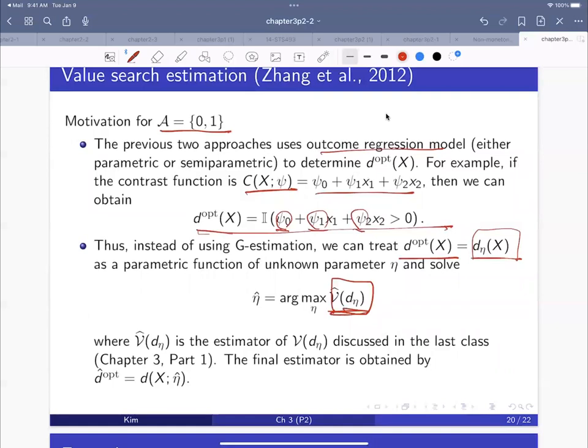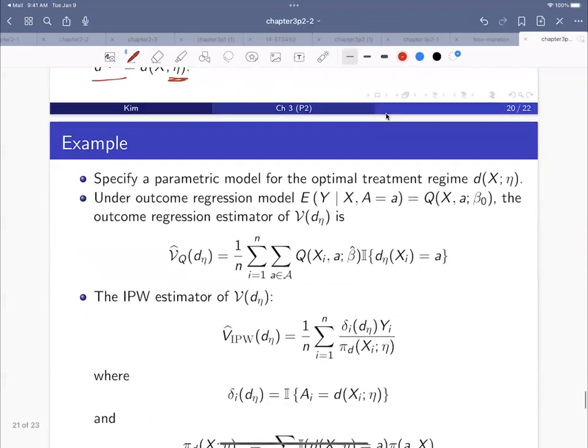That kind of intuitively makes sense. We already studied how to estimate this, right? So if you can somehow write it as a function of eta, and you can compute the estimator, then you can plug in to obtain the optimal treatment regime.